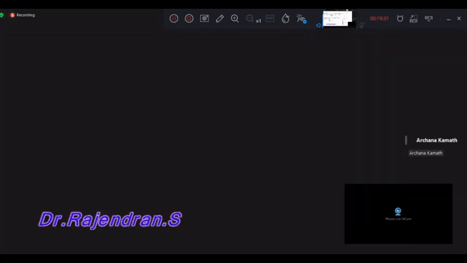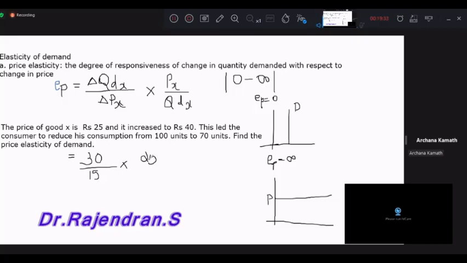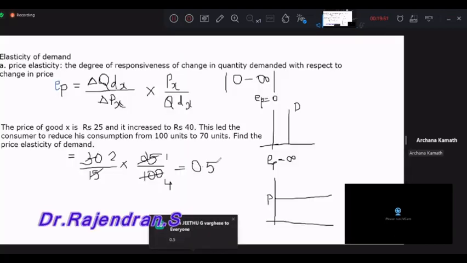Initial price is 25 and initial quantity demanded is 100. So you have 1, 4, 2 by 4, which is equal to 0.5. Yeah, 1 by 2, 0.5. So your elasticity is equal to 0.5. Is it clear?